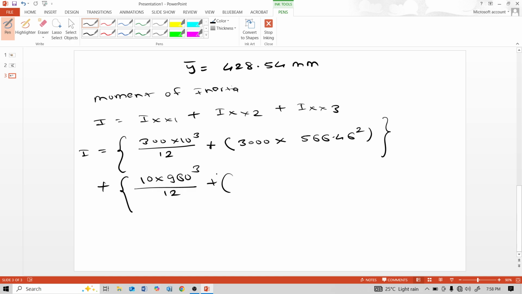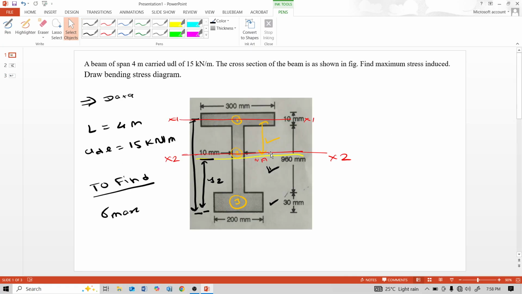Plus this web part area is 10 multiplied by 960, 9600, plus into the distance between only web part neutral axis to the original I cross section neutral axis distance.